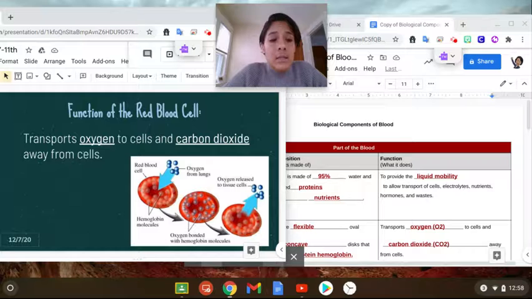The cells need oxygen in order to create energy via cellular respiration. And then the result of that chemical reaction of creating energy actually produces carbon dioxide, which is a poisonous gas. So then the blood also needs to carry that carbon dioxide away from the cells.